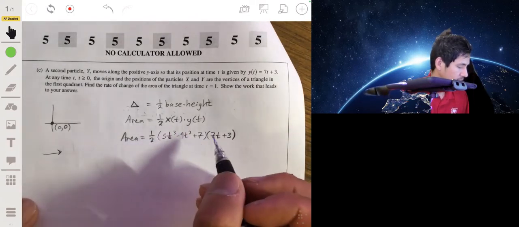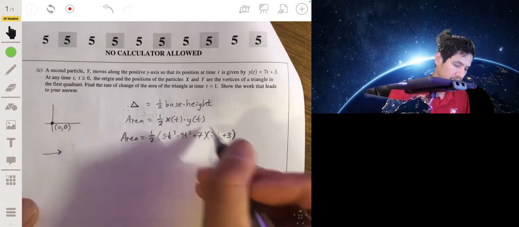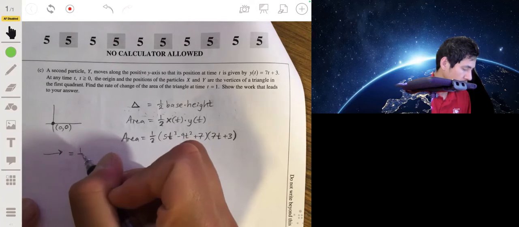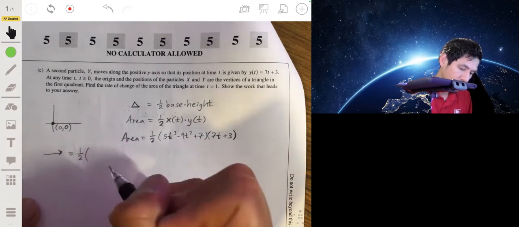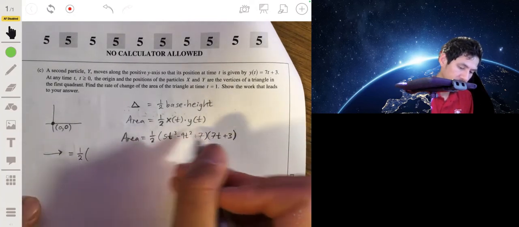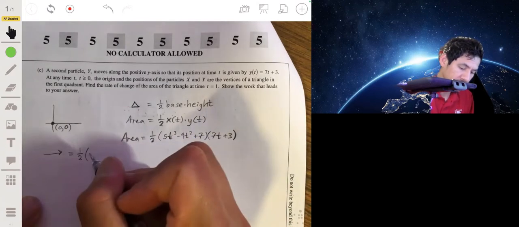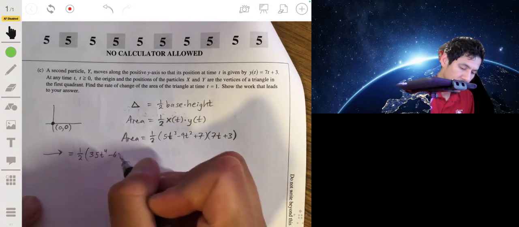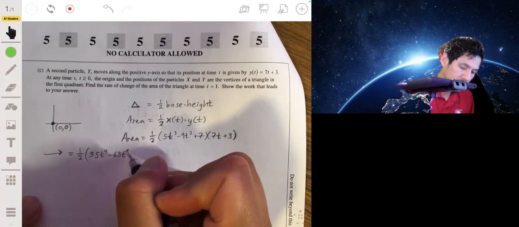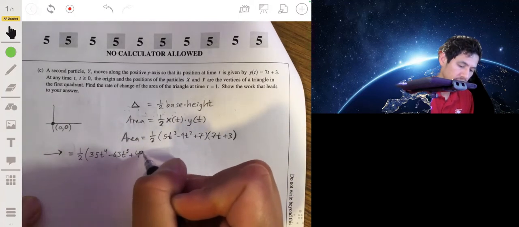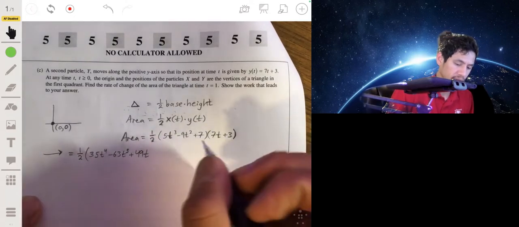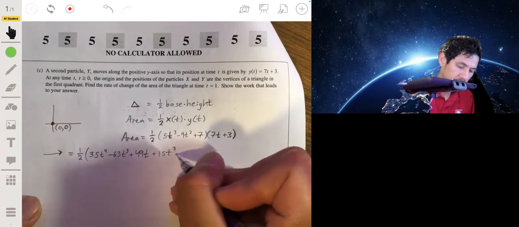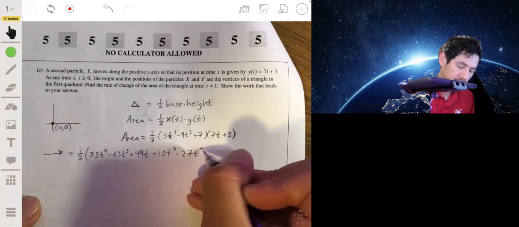Now evaluating this, it's going to be pretty tedious. Let's just be careful that we don't mess up. 1/2, multiplying all these by 7t first: 35t to the 4th minus 63t cubed plus 49t. We multiply all these by 3: plus 15t cubed minus 27t squared plus 21.